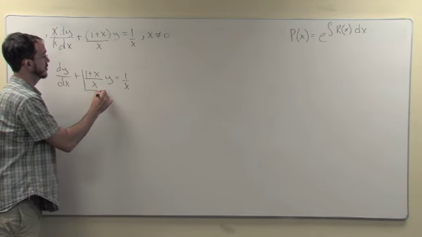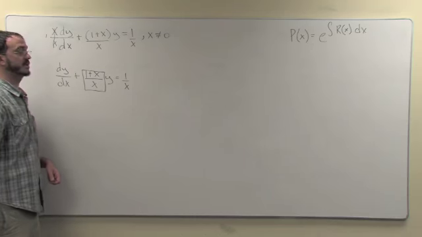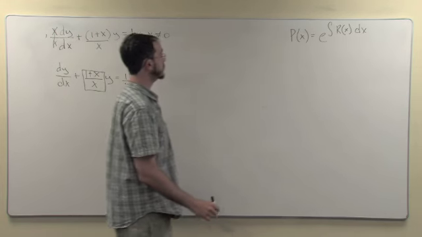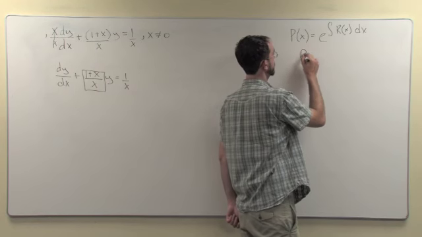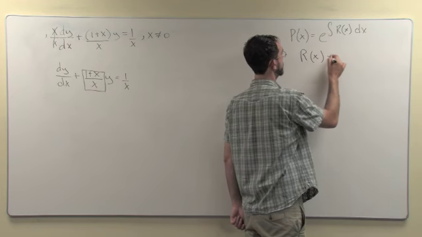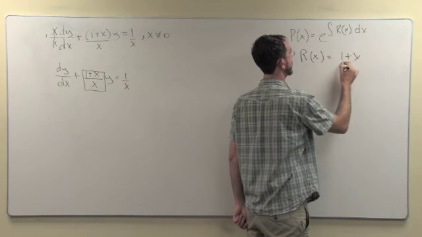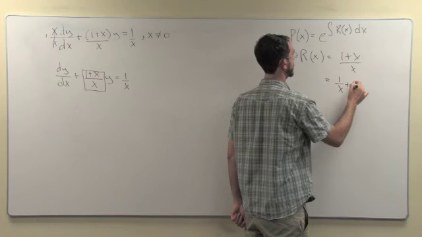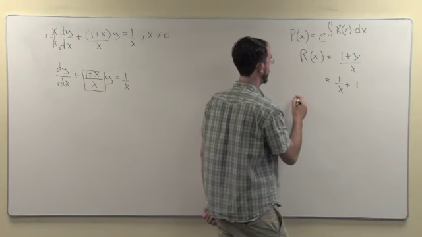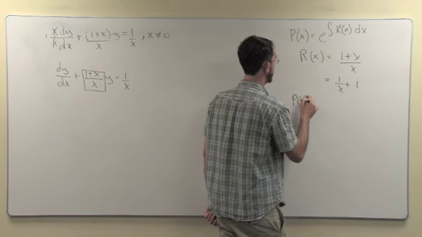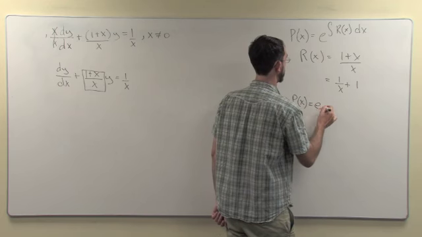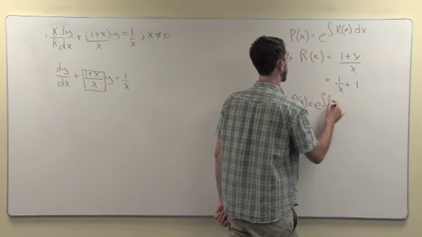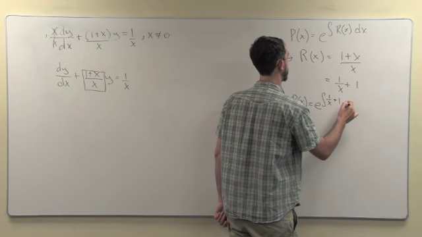This here is going to be our r of x, which we'll use to find our integrating factor. So r of x is equal to (1 plus x) over x, or 1 over x plus 1. Let's find our integrating factor by raising e to the integral of 1 over x plus 1 dx.